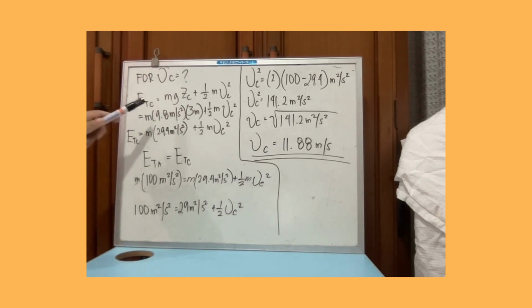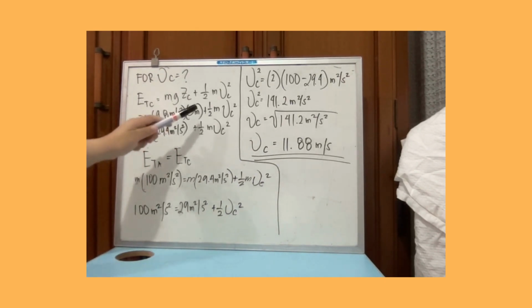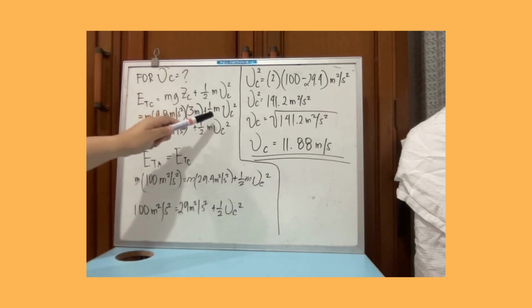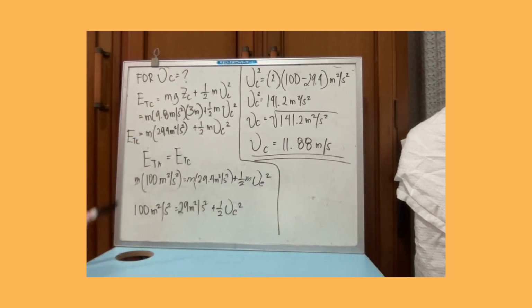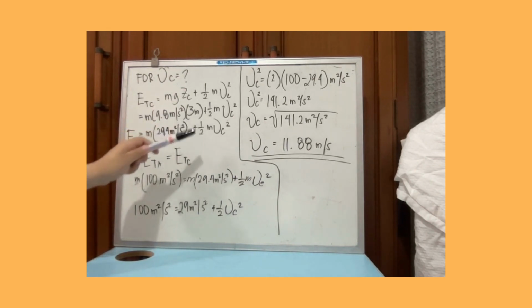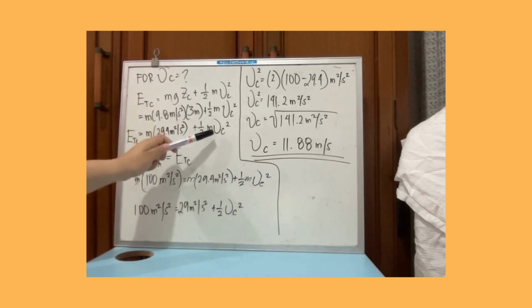So, mass times 9.8 meter per second squared times 3 meters plus 1/2 times mass times speed sub C squared. Ngayon, i-multiply natin ang 9.8 meter per second squared sa 3 meters. So, ang total energy sub C natin is mass times 29.4 meters squared per second squared plus 1/2 times mass times speed sub C squared.